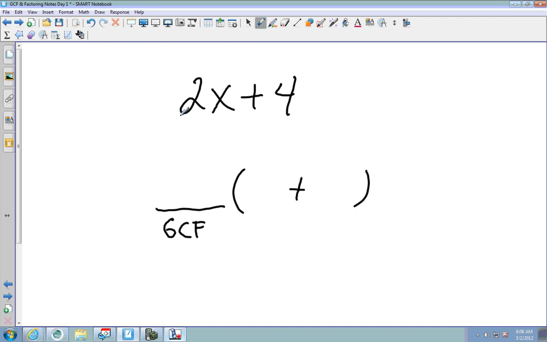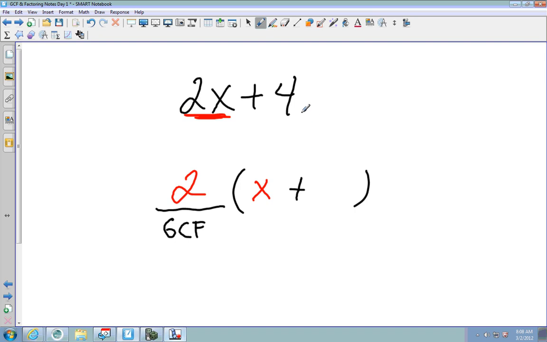2 goes into 4, right? So I'm going to pull a 2 out. If I pull the 2 outside here, what's left out of this first term? 2 times what gives you 2x? 2 times x.